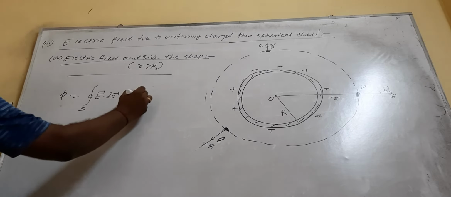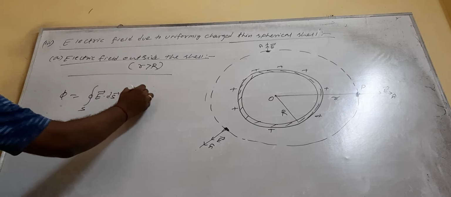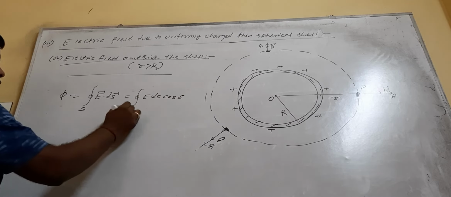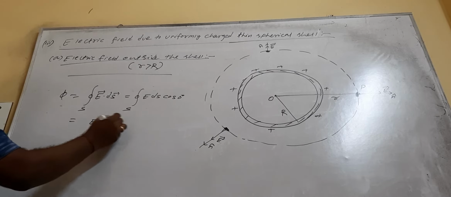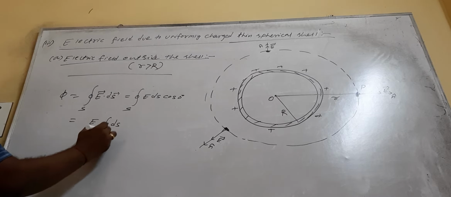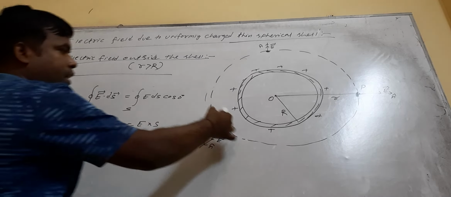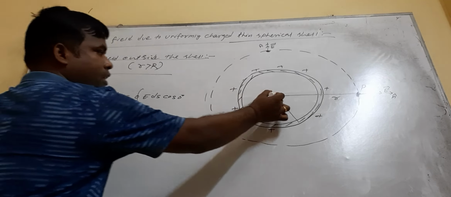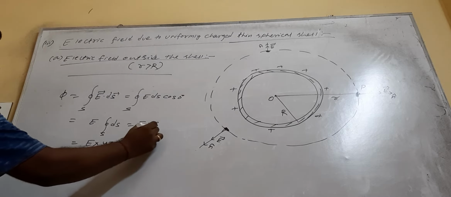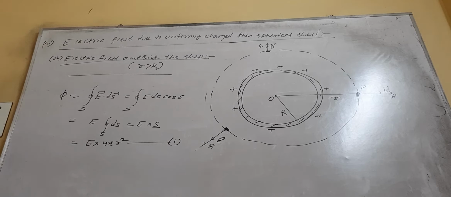This is equal to E dS cos 0 degree, and E is the same at every point of the Gaussian surface, so it is E integral dS, that is E into S. The surface area is 4 pi r square, so it is E into 4 pi r square. It is your equation number 1.